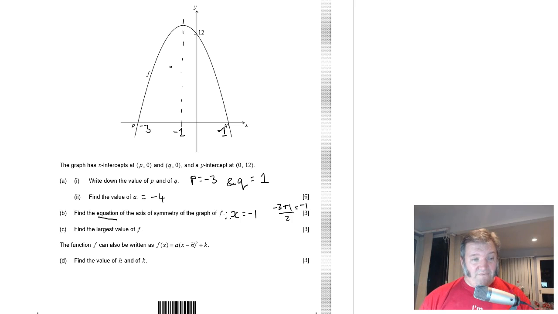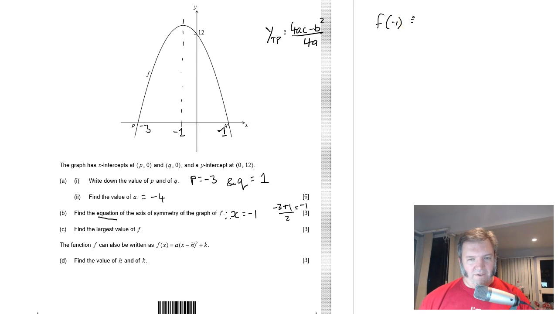Alright, find the largest value of f. Well, that occurs at the maximum. The maximum is where x equals -1. Although you could use, remember the y-coordinate of a turning point in a parabola, 4ac minus b squared over 4a. Sometimes that is useful. Not in this case, because we're just going to find f of -1.